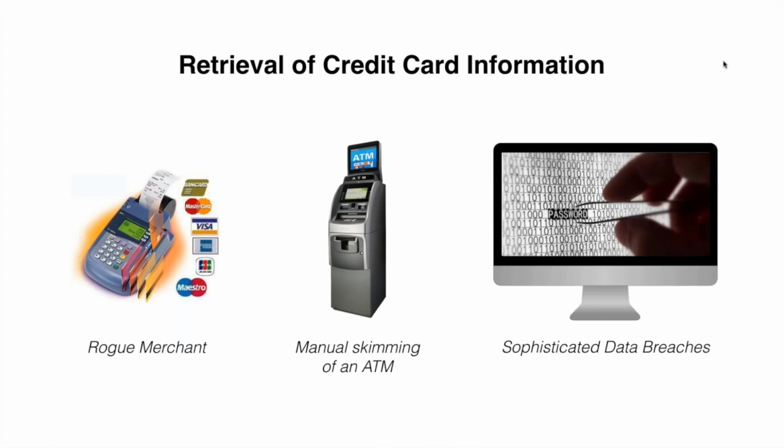Cards can be stolen in many different ways. Some common examples are that they can get skimmed at an ATM, that's the picture in the middle there, or you can have a card reader that has a skimmer attached, and the credit card information gets to the fraudster that way. Or there could be an illegal card reader in use.